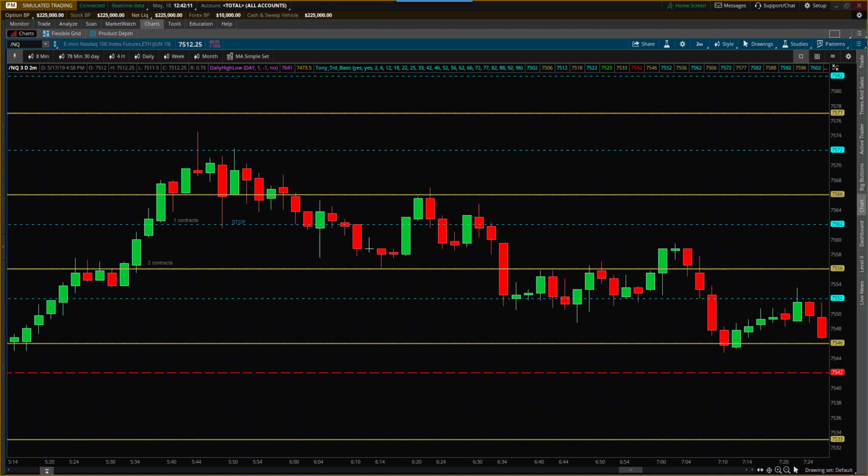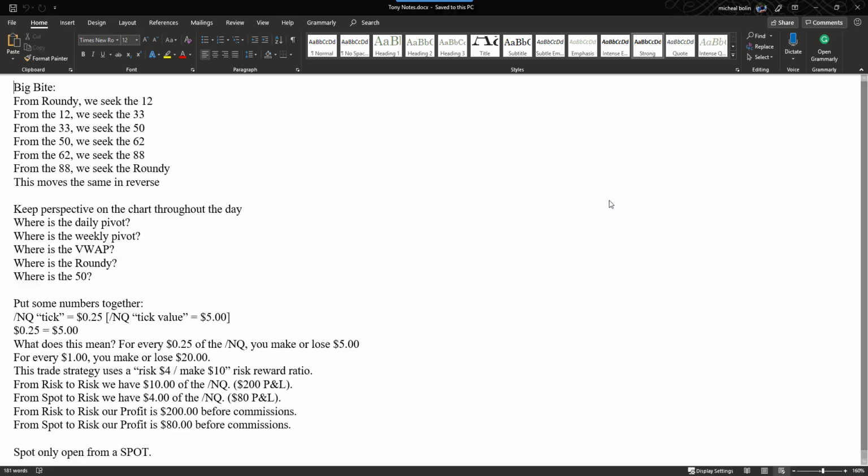Now, I did end up putting a little cheat sheet together. I'm going to stop here and talk for a few minutes. So this will absolutely give you time to take a screenshot and to have something that you can look at later on, maybe print it off and keep it next to your computer.